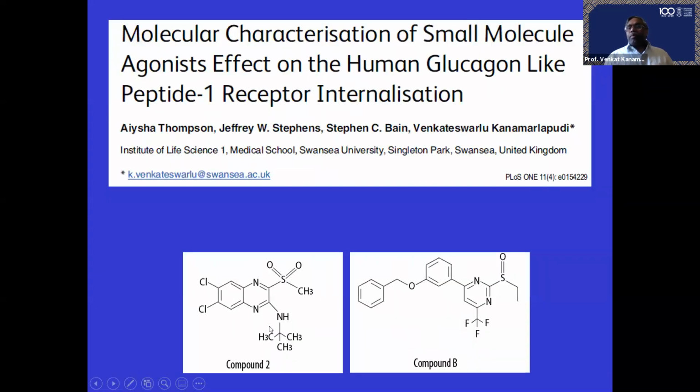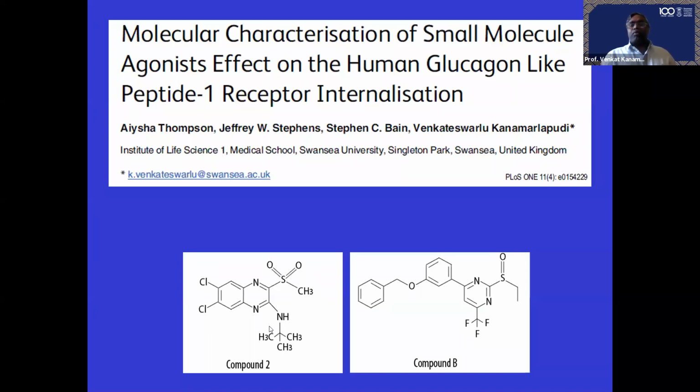As you may remember, I mentioned that one of the problems with these GLP-1 receptor agonists is that you have to take them in the form of injection. That too, if you have to take them regularly, once or twice a day, is very inconvenient. Therefore, there's a lot of interest in developing orally active drugs.